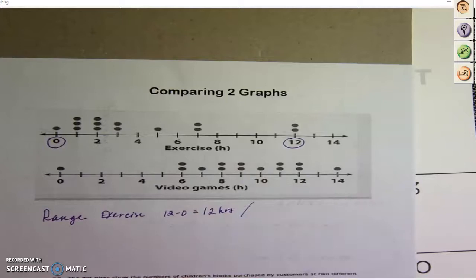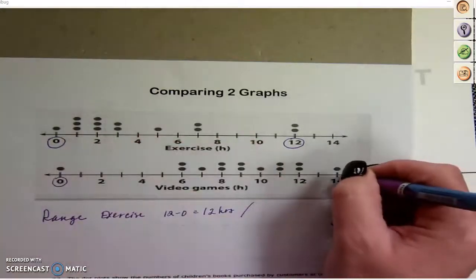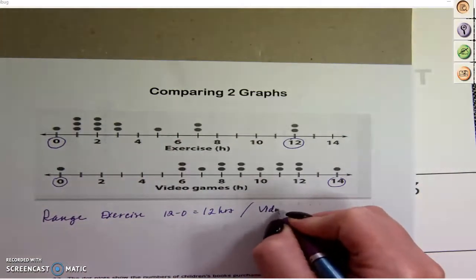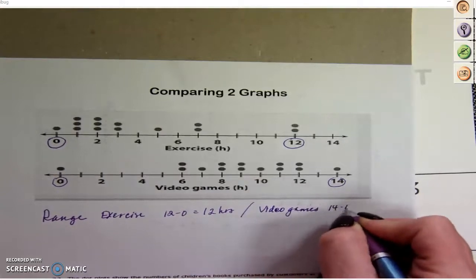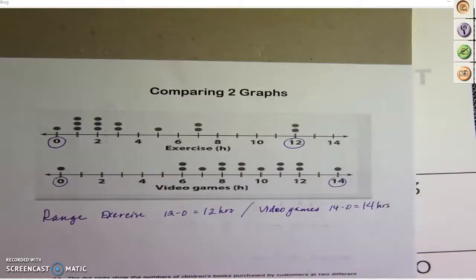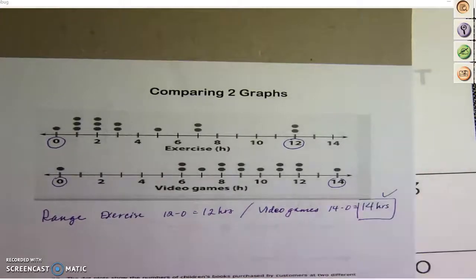Okay, for video games, look at this, my friends, 0 versus 14. So 14 minus 0 gives us 14 hours. So video games have greater range. So the question could be, which data has greater range?